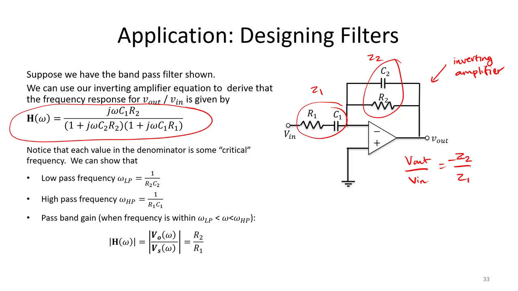And then using these relationships, we can actually determine the cutoff frequencies, the low pass and high pass frequency, where that bandpass filter will allow frequencies to go through. And as long as we're between those two frequencies, we can also find our gain.